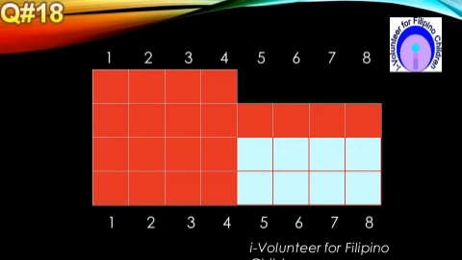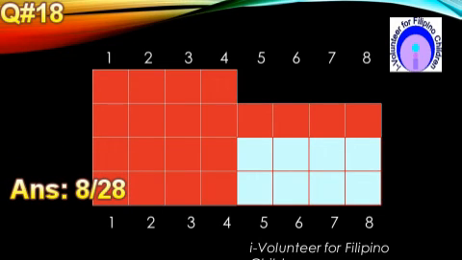Number 18. What fraction names the white squares? The answer is 8/28.